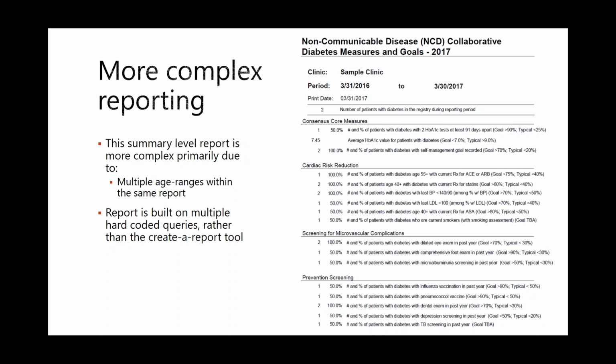But in this case, we've built a multiple series of queries where we can have those multiple age ranges or multiple conditions, comorbid conditions, etc., all built into one report. Again, this is not something that the Create a Report tool will do very well, but we can build custom reports and queries into the registry and do it another way.